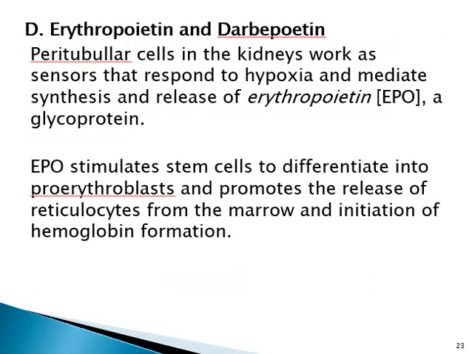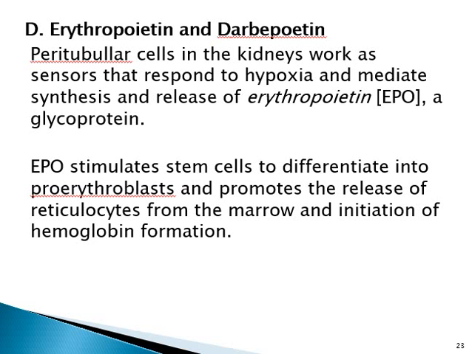Erythropoietin and darbepoetin. This is another type of compound that affects the anemia in the body. Peritubular cells in the kidney work as sensors that respond to hypoxia and mediate synthesis and release of erythropoietin, which is a glycoprotein.